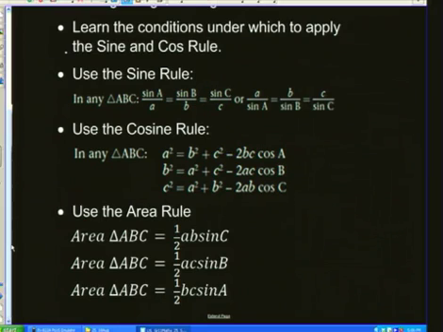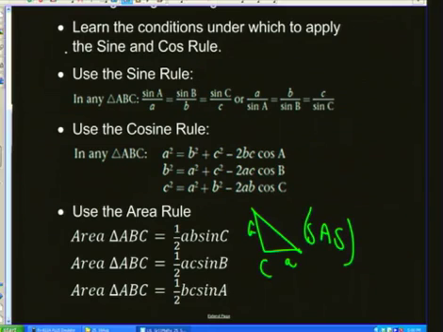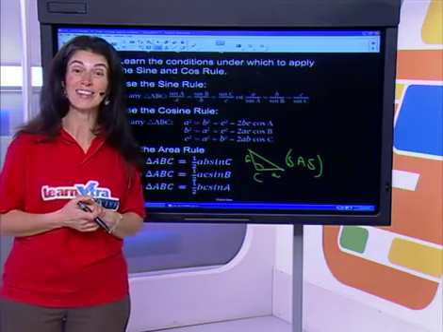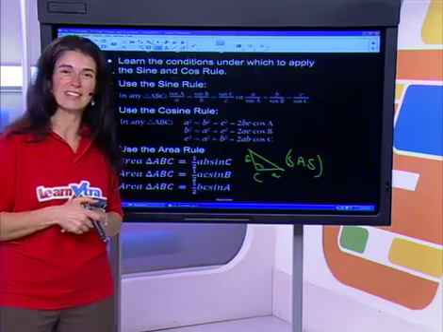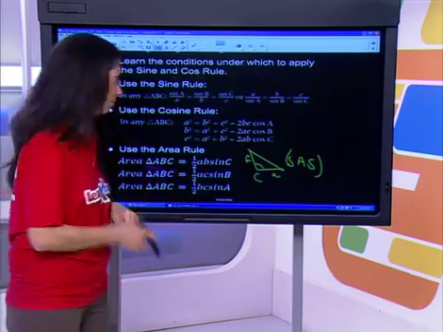If I don't have a perpendicular, I actually can use the formula half ab sine C. So if I have C here, and I have side a and side b, then what I'm saying is I can calculate the area of that triangle if I have an SAS arrangement. So a side, the included angle, and the side, then the area of my triangle is given by that formula. So we're going to be able to work out areas of non-right angle triangles. Isn't this absolutely fantastic and very, very useful?